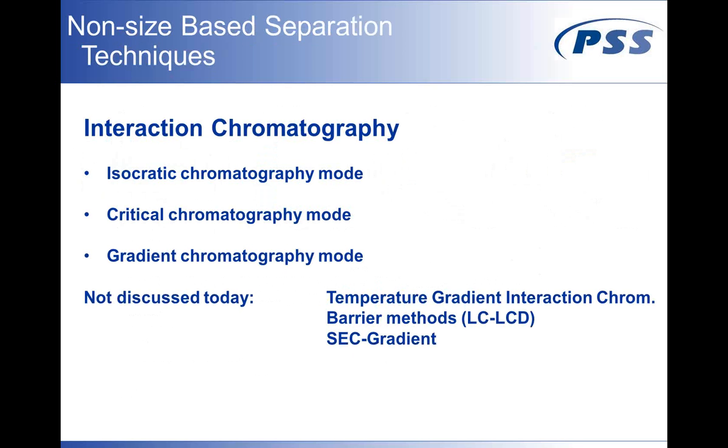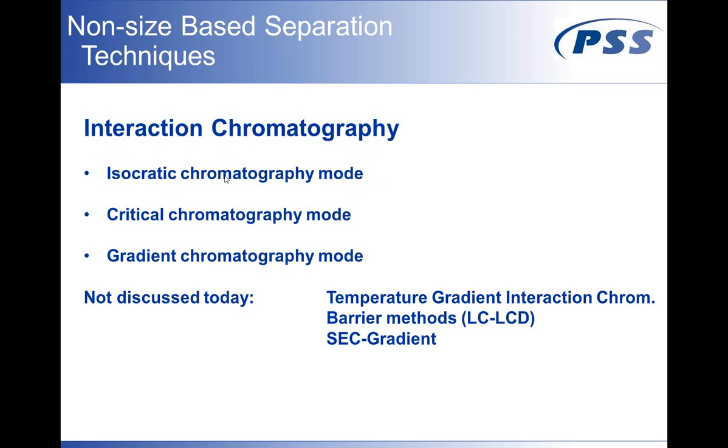Well, interaction chromatography is something you might know from your studies, from the classes, but most of the people have applied interaction chromatography to small molecules, and so we have to discuss different modes, because interaction chromatography of polymers differs in certain aspects from interaction chromatography or HPLC of low molar mass molecules.